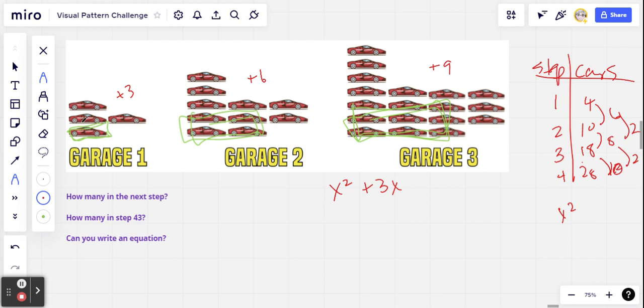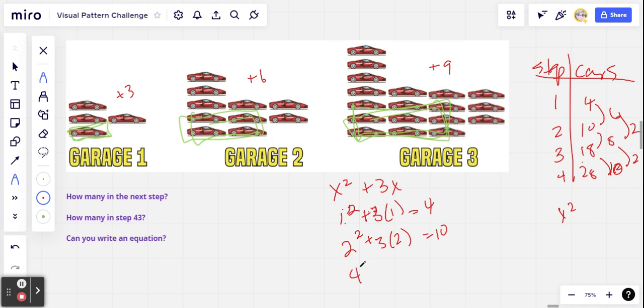So just double checking that this makes sense. For step 1, this would be 1 squared plus 3 times 1, and 1 squared plus 3 would be 4. So that looks good. How about for step 2? That would be 2 squared plus 3 times 2. And that's 4 plus 6 equals 10. Yeah, that's what we're getting. Let's see if that comes out with the same prediction we're getting in step 4.